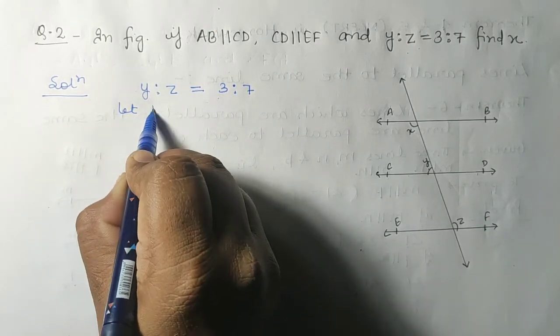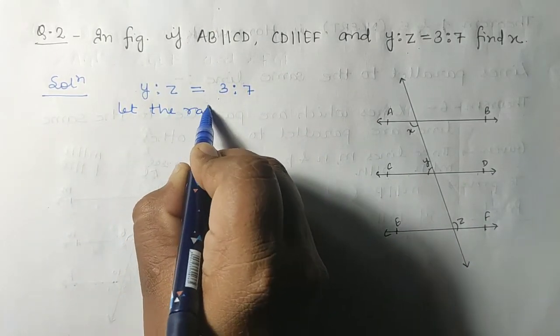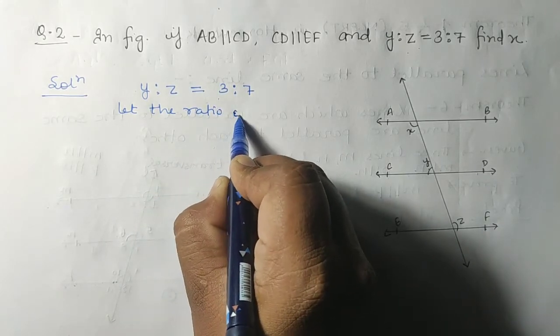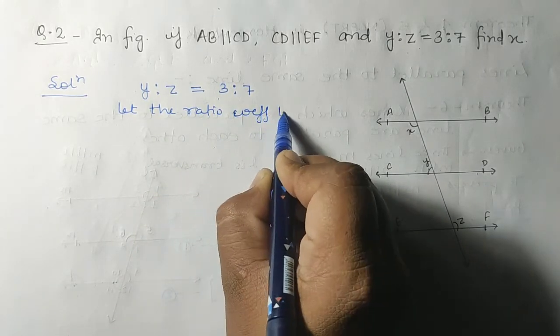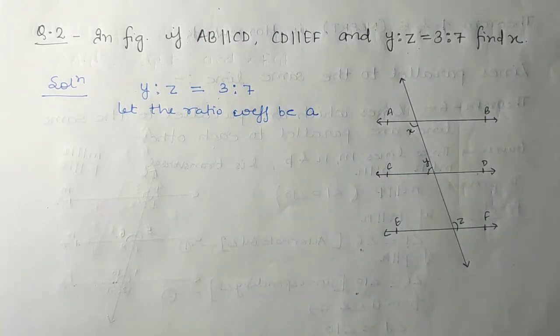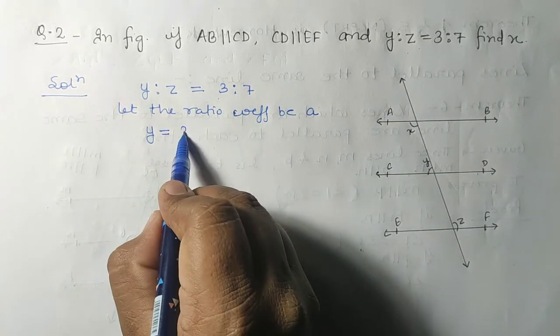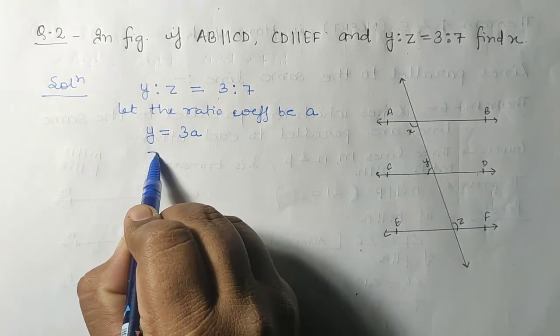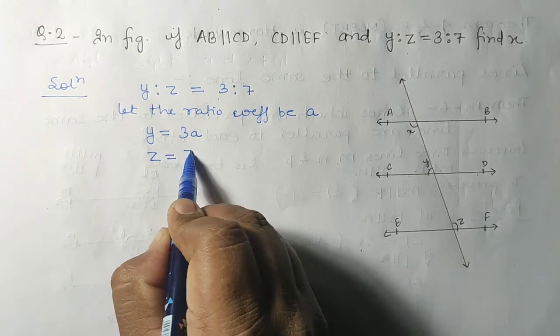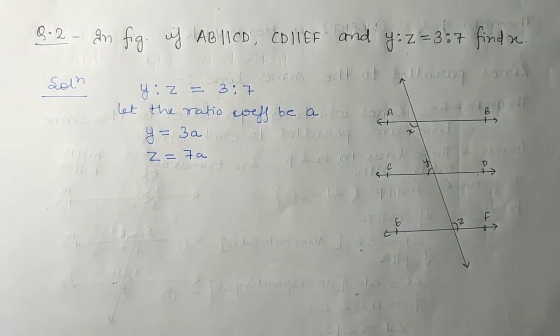Let the ratio coefficient be A. Suppose the ratio coefficient is A, then we can directly write the value of Y as 3A and the value of Z as 7A.